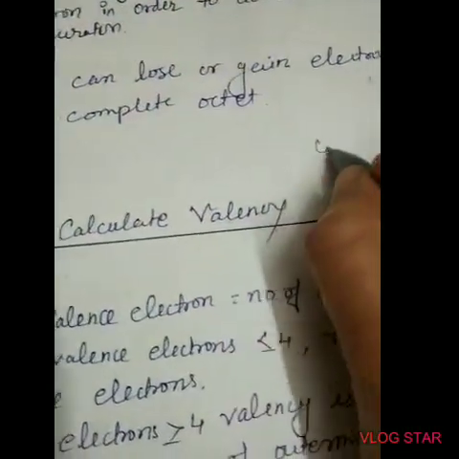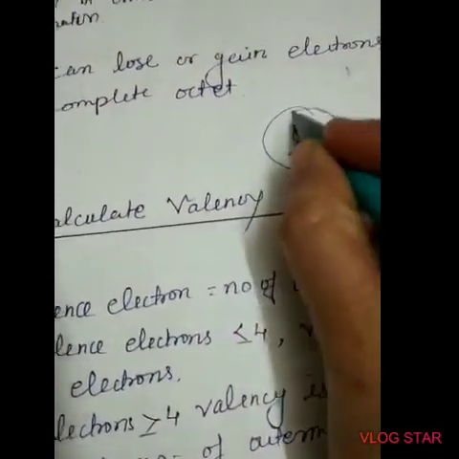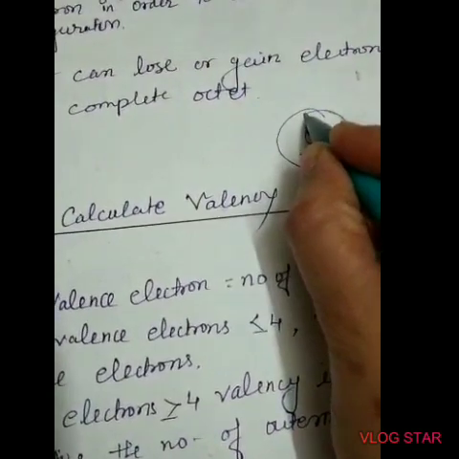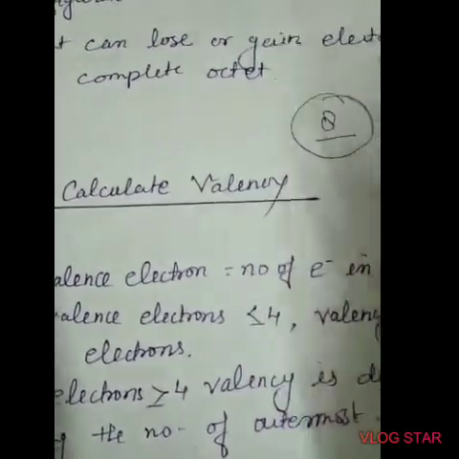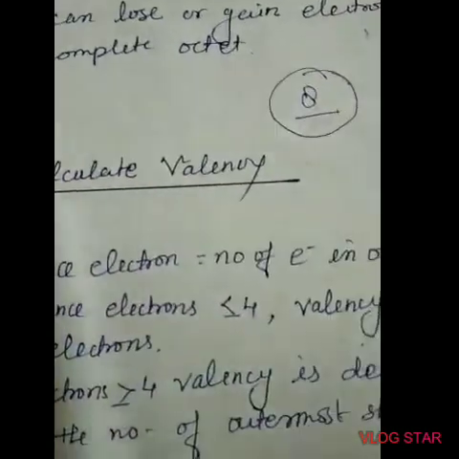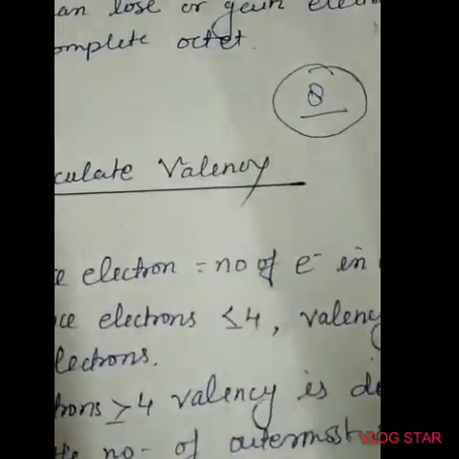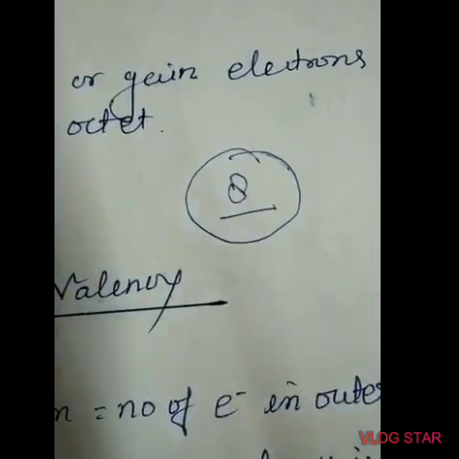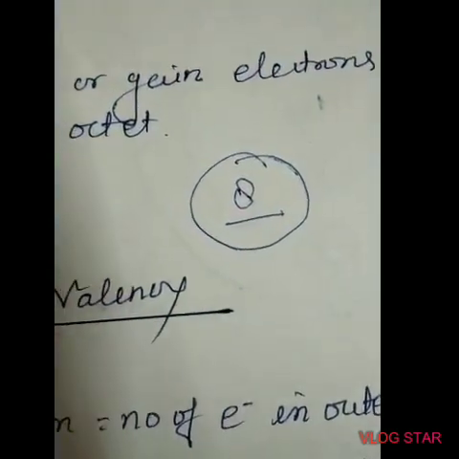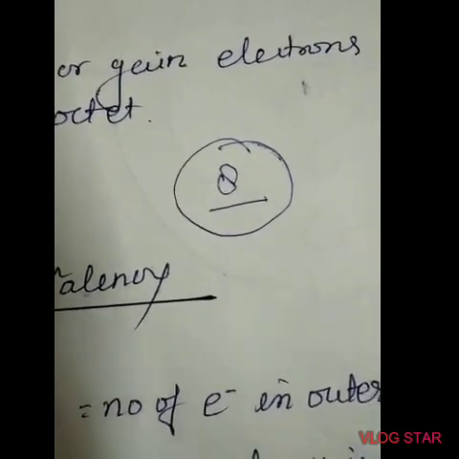Octet means 8 electrons in the outermost shell. All elements except noble gases can lose or gain electrons to complete the octet, and after having 8 electrons in the outermost shell, they become stable.